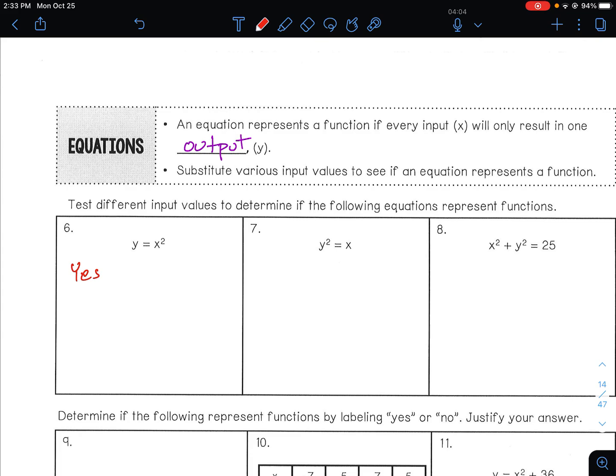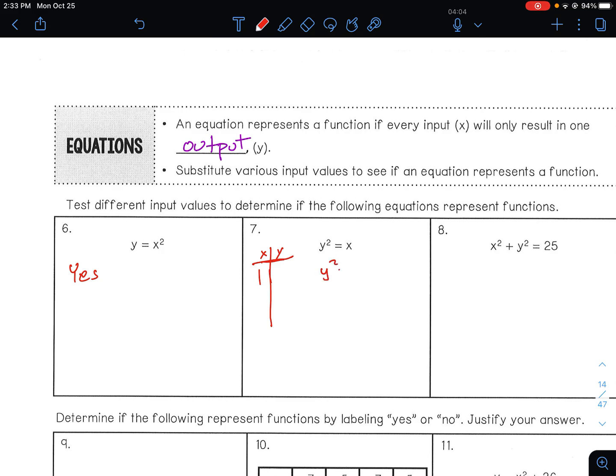Now, for number 7, if I was to do a table of values, x and y, this is the confusing part. If x is 1, what can y be? Well, y squared equals 1. What can y equal? Well, y could equal 1, because 1 times 1 equals 1, but can't y also equal negative 1?